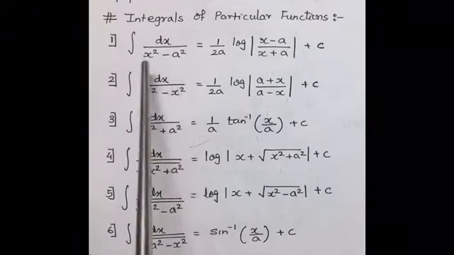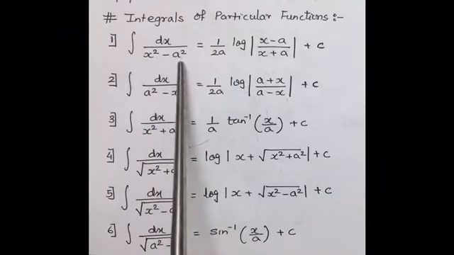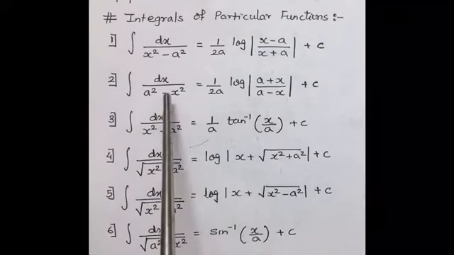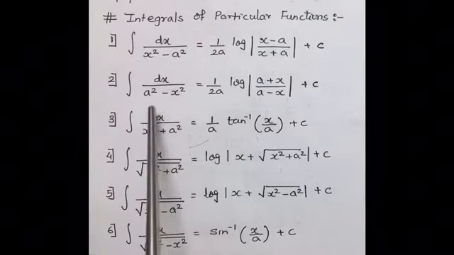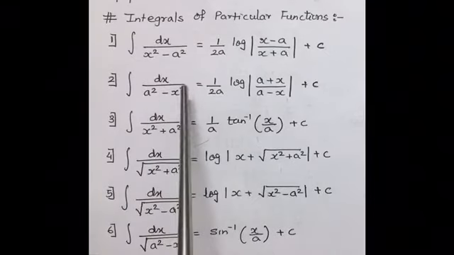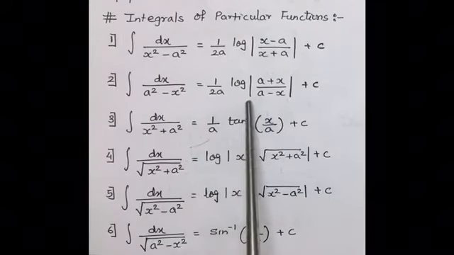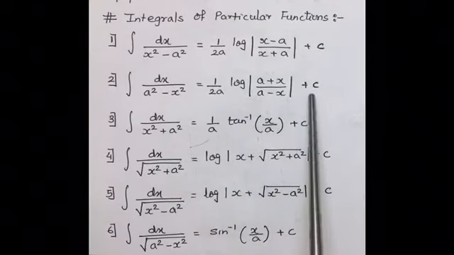Now if the position of the constant changes, that is a square minus x square, then the integration of 1 upon a square minus x square dx is equal to 1 upon 2a log of (a plus x) upon (a minus x) plus c.